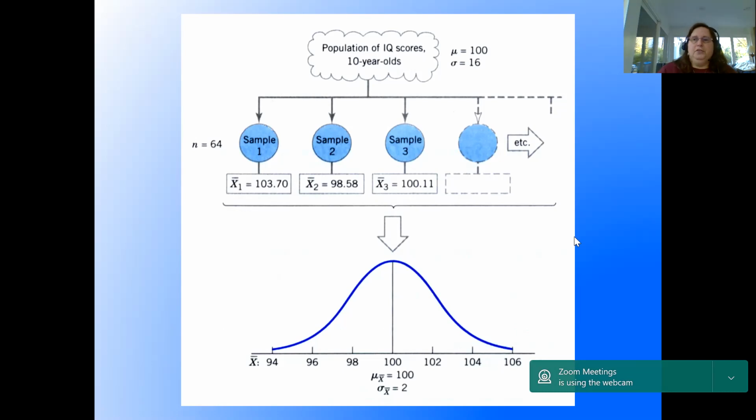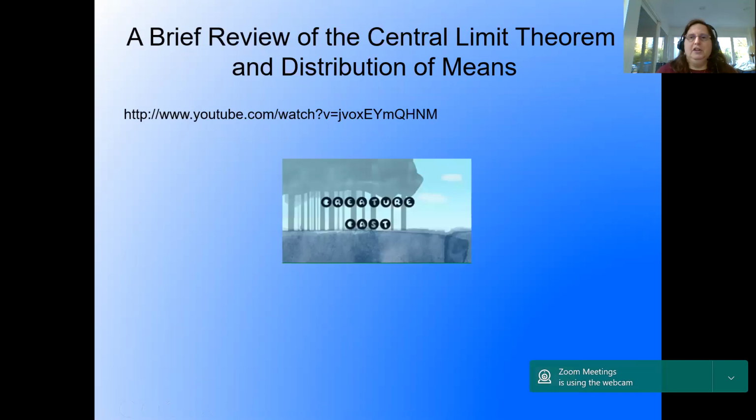So let's look at this further. This is interesting so far, at least we hope so. Let's understand this whole concept a little bit more by watching this video together. It's going to talk about the sampling distribution of means and how this leads into this normal curve for the sampling distribution of means based on the central limit theorem.